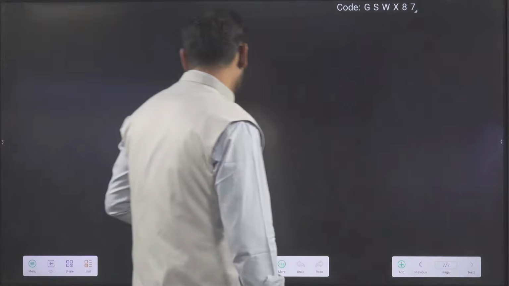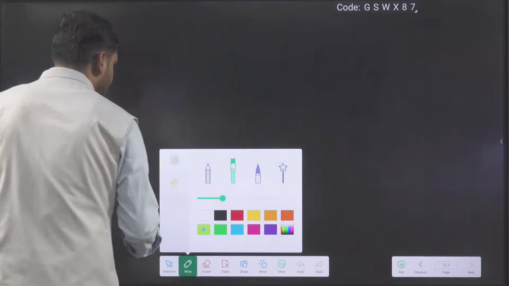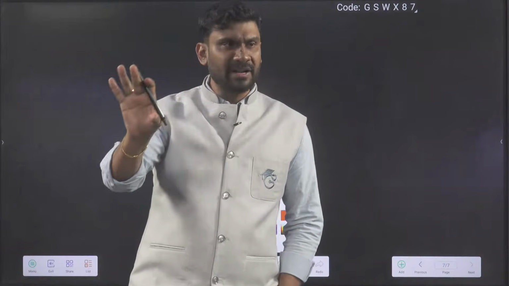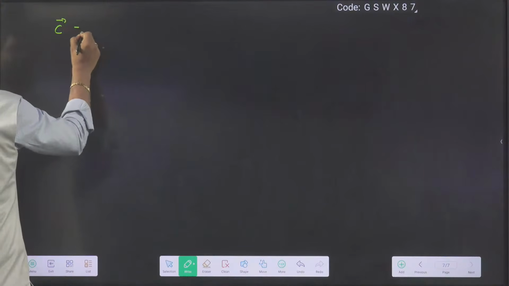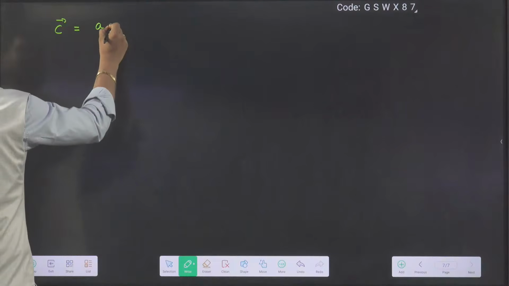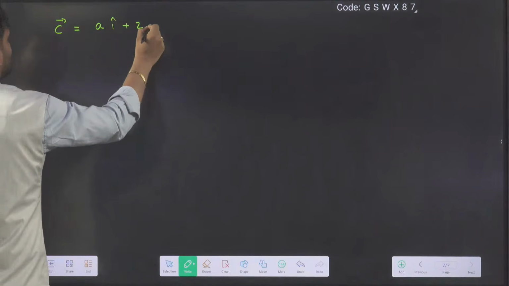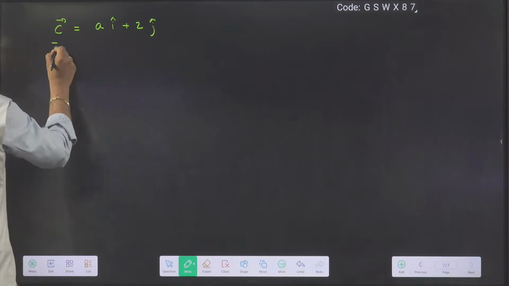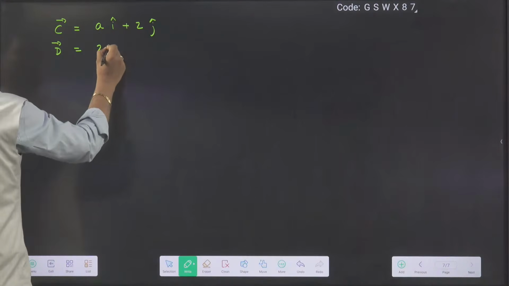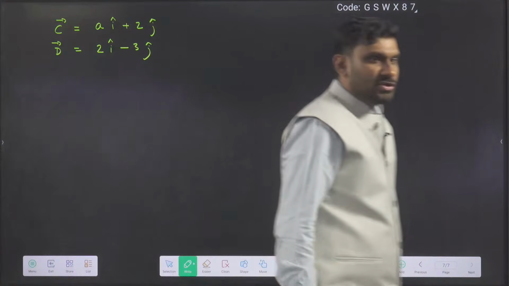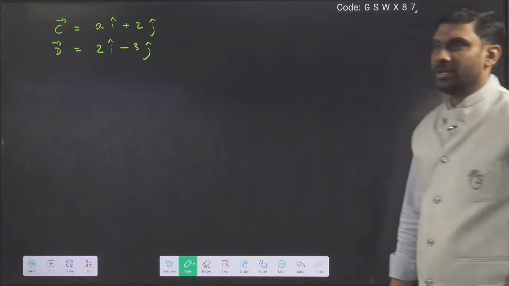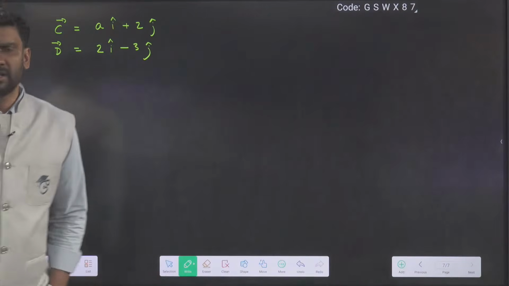ठीक है, नेक्स्ट देखिए. Now I am twisting the idea a little bit. Same concept, but from a different angle. It is given that C vector is equal to, please note everyone, small a I cap plus 2j cap. D vector is equal to 2I cap minus 3j cap. Please note down the two vectors quickly. जल्दी कीजिए.